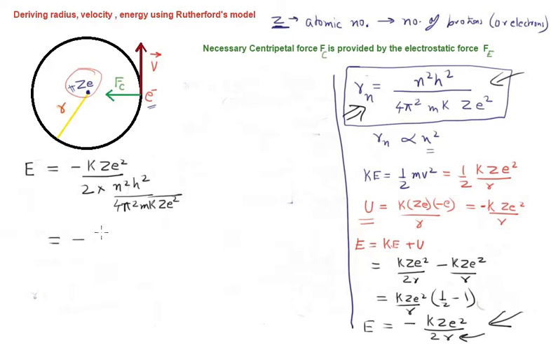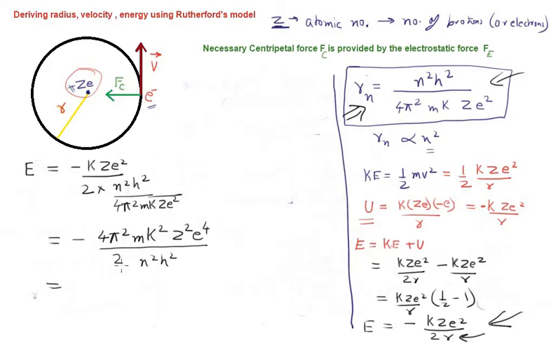take this 4π² in the numerator, so 4π², and there is a k here, so k multiplied by k will give you k². So m, k will be taken in the numerator, so it becomes k², and Z also becomes Z², and e² becomes e to the power 4, divided by 2 into n²h².